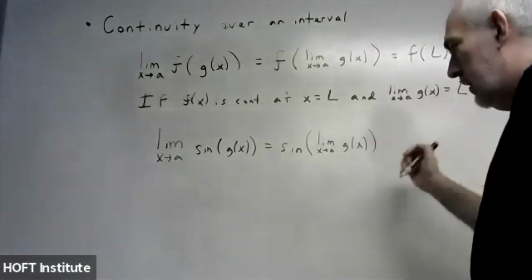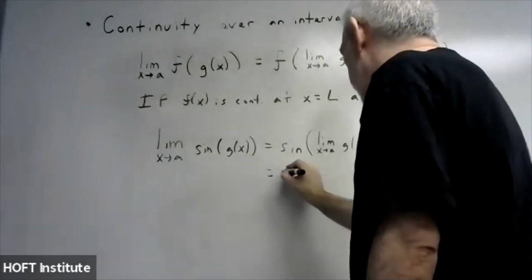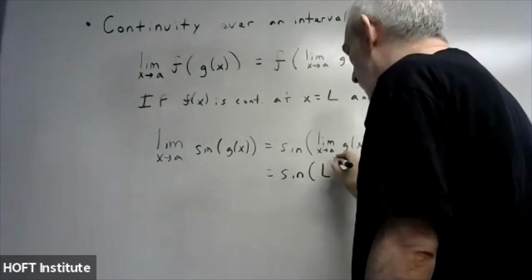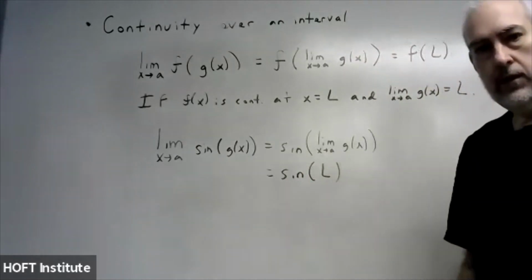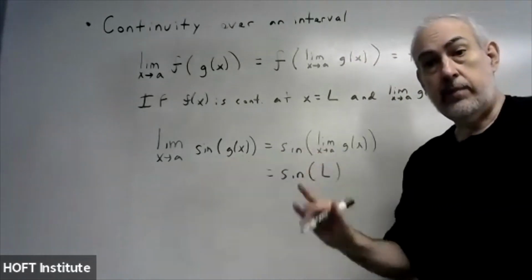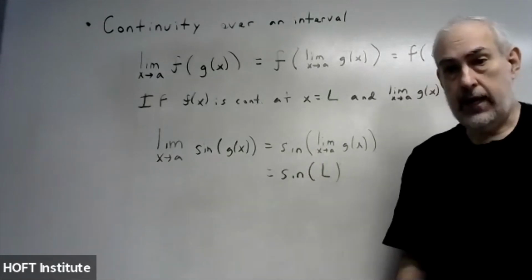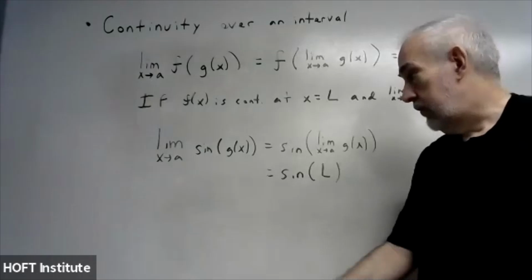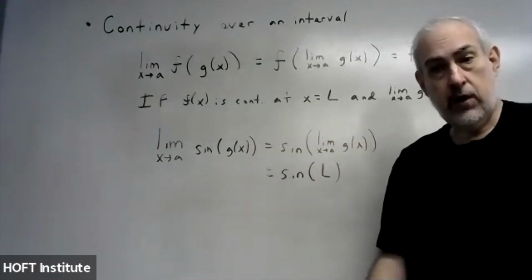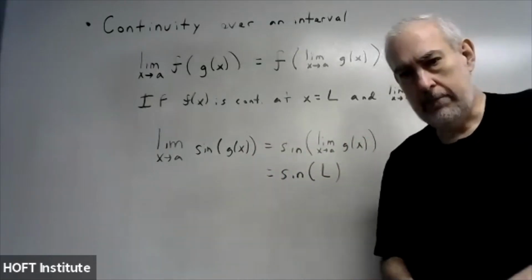And then assuming that that limit is going to L, then this would just be going to sine of L. So there we have now developed a new limit law for sine. And cosine is also continuous everywhere, so you'd have a similar limit law for cosine.